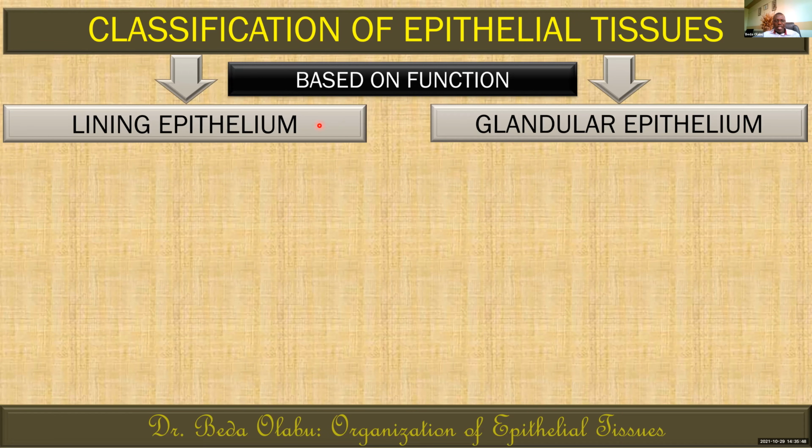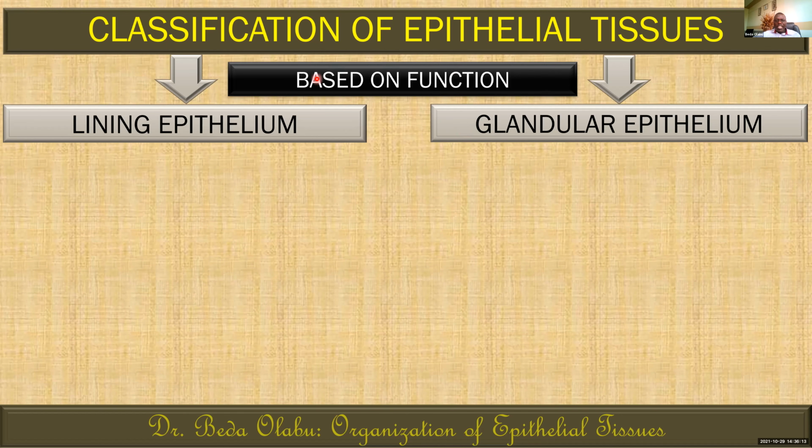There's what we call lining epithelium, and there's what we call glandular epithelium. The lining epithelium is the one that is actually on the surfaces of the body, offering protection. The glandular epithelium is the one that forms glands, therefore provides secretions.